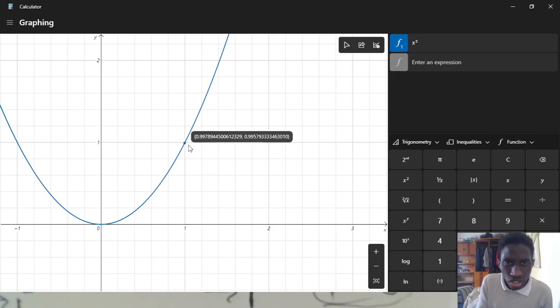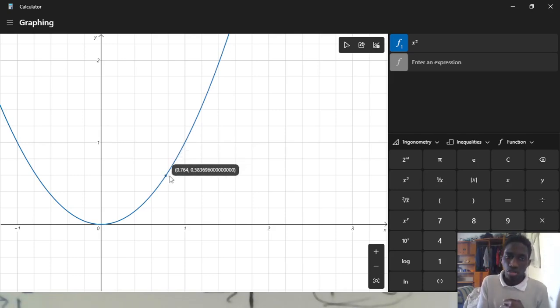Right now my value of x is 0.988. That's very close to 1, right? And my value of f of x is 0.97614. So I'm approaching an f of x value of 1 as I approach 1 on the x-axis from the left.